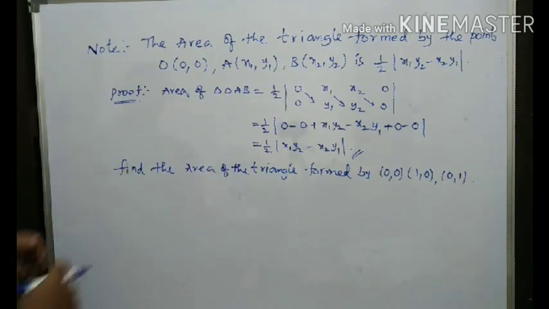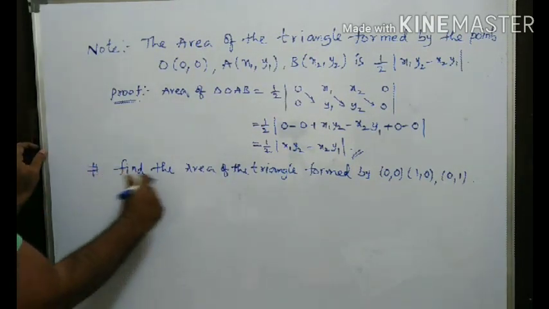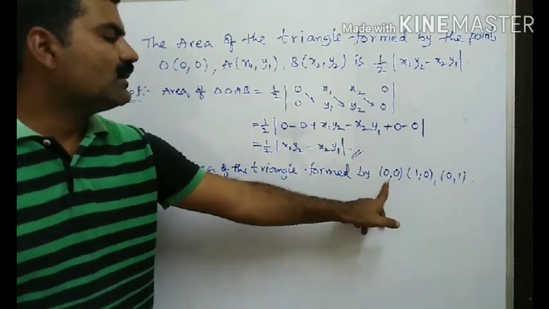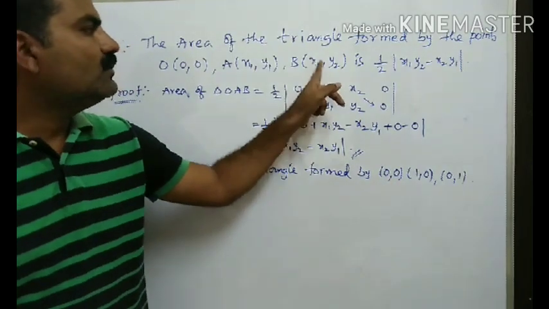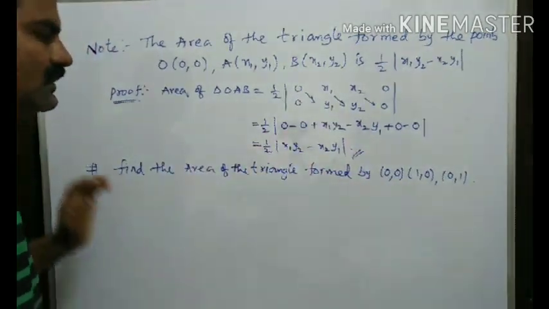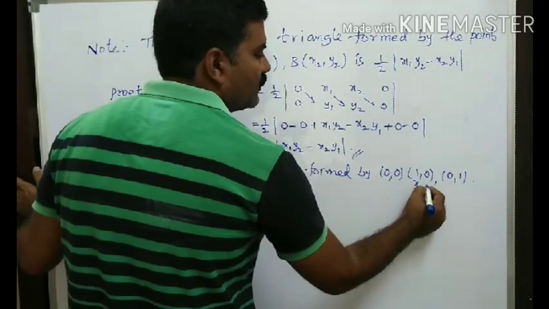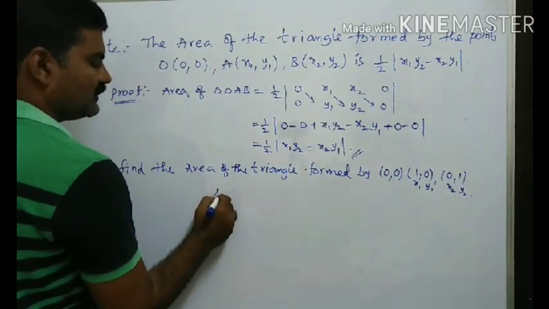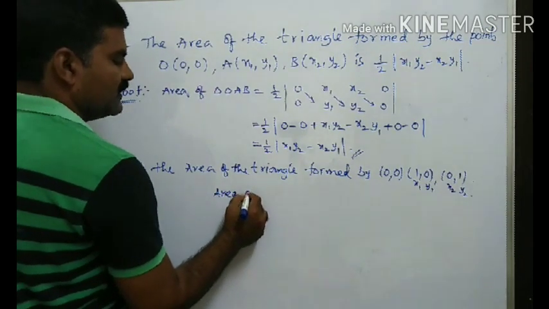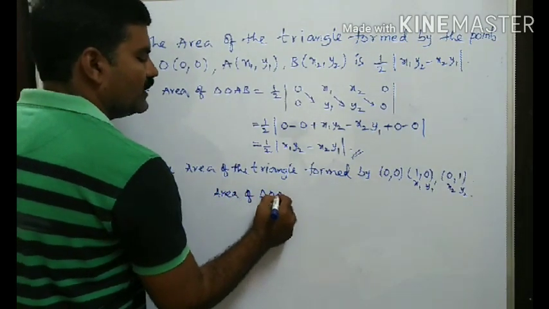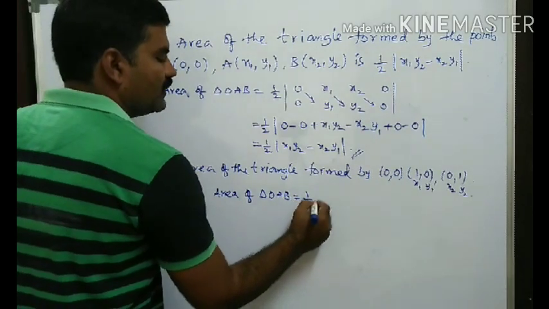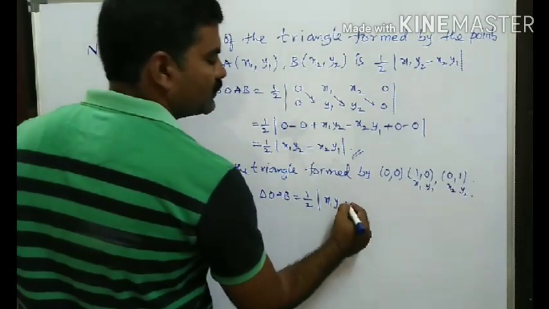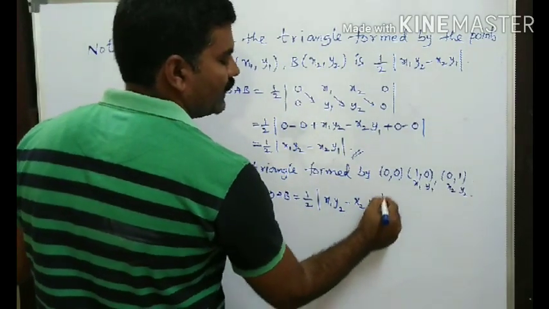Coming to the question, for example: find the area of a triangle formed by the vertices where one of the vertices is the origin, only then is this formula applicable. Clearly this is x1, y1 and this is x2, y2. Since one of the vertices is the origin, the area of triangle OAB equals half modulus of x1 y2 minus x2 y1.